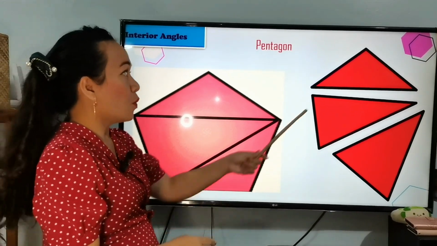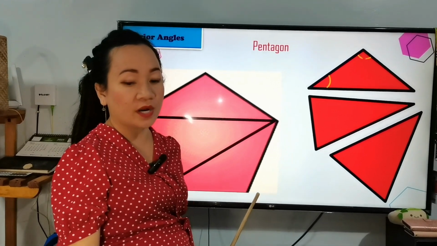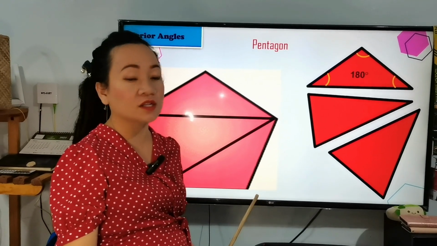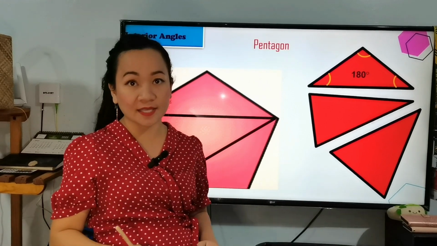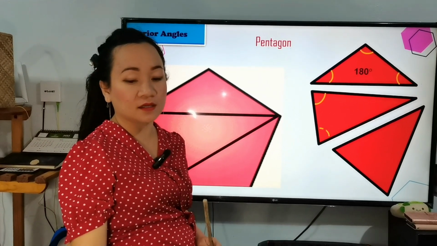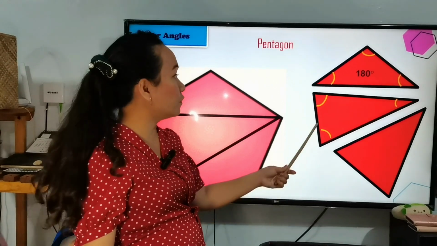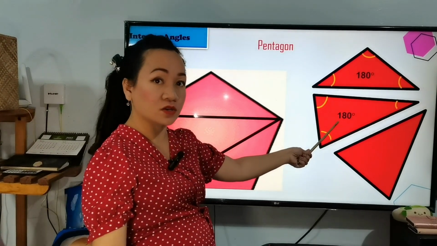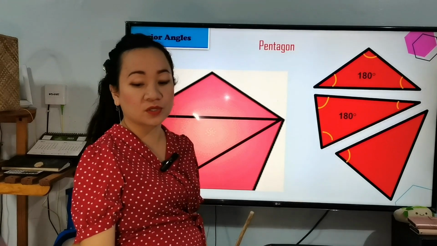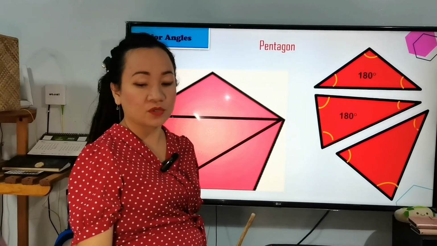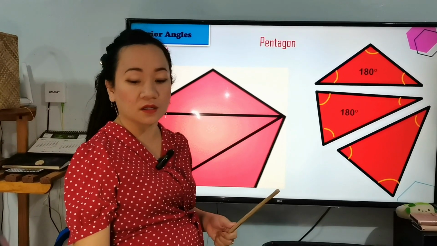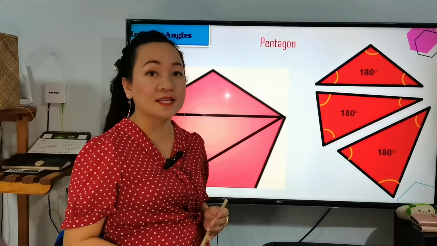And again, in one triangle, getting the interior angles, you add all the angles, that is equal to 180 degrees. The second triangle, adding all the angles, we have 180 degrees also. Next, the last triangle, to get the sum of the interior angles, you have 180 degrees.